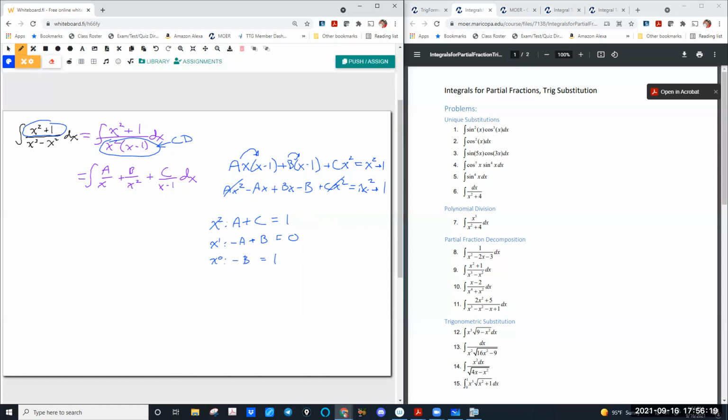We actually already know that right here, b equals negative 1. Okay, if b is negative 1, and we plug it into this guy, we end up with negative a minus 1 equals 0. So that gives us a equals negative 1, because we need negative 1 to be positive.